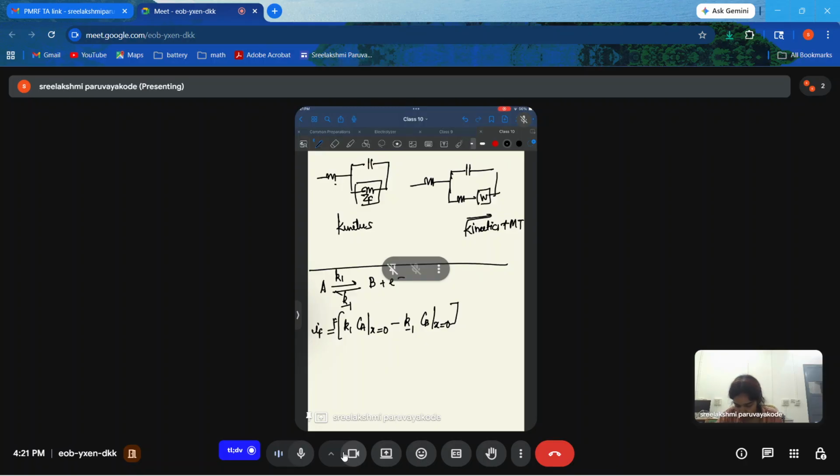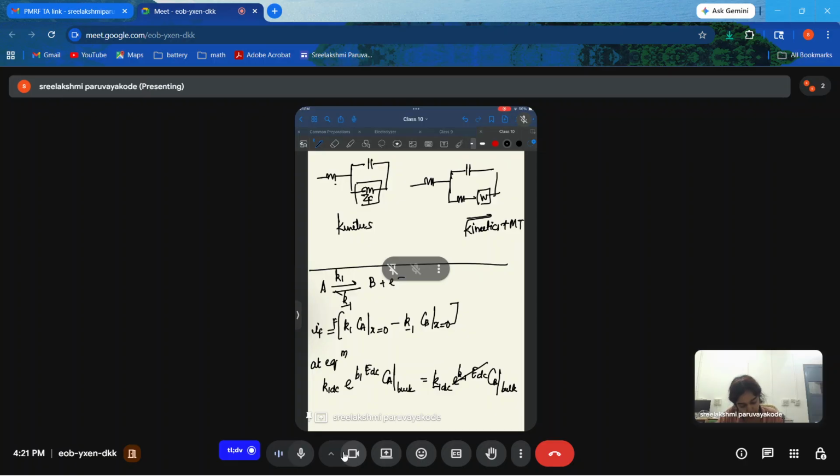Now, at equilibrium, what happens? Forward reaction equals backward. So K1 dc exponential B1 EDC CA bulk equal to K minus 1 dc exponential B minus 1 EDC CB at bulk.